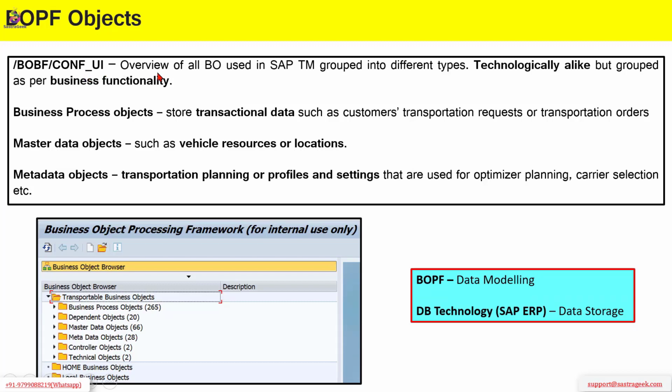BOBF underscore CONF underscore UI. The overview of all business objects used in SAP TM is grouped at this transaction code. You have business objects, some 265 business objects are seen, then dependent objects, master data, metadata, controller objects, technical.